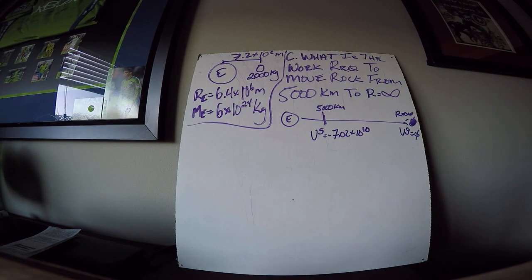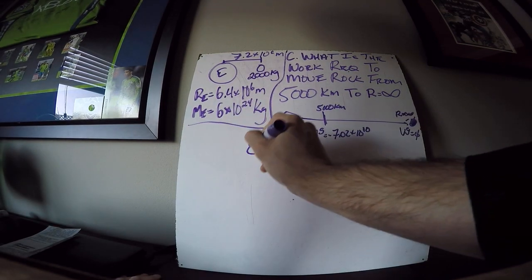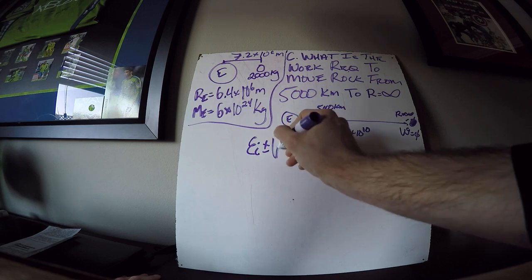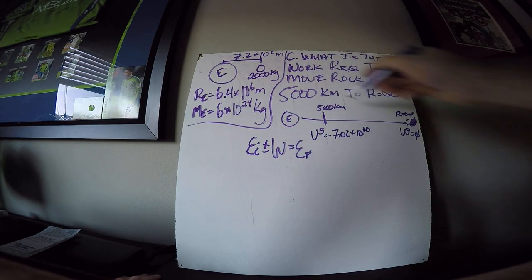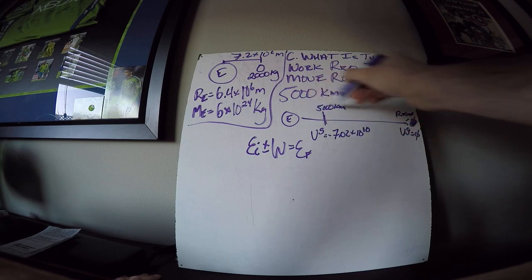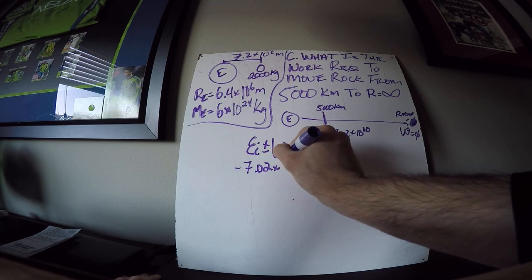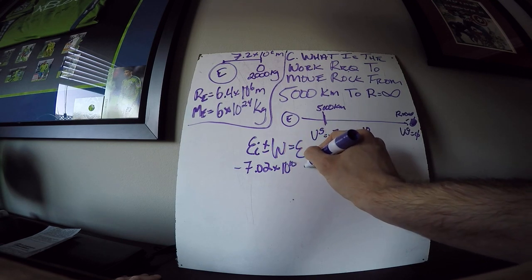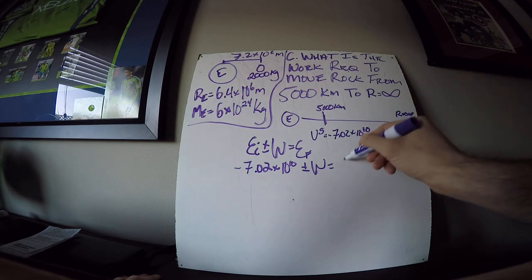So doing our big physics equation that we've done in the past, energy initial plus or minus work equals energy final. If our initial energy is negative 7.02 times 10 to the 10 plus or minus work equals your final, which is 0.